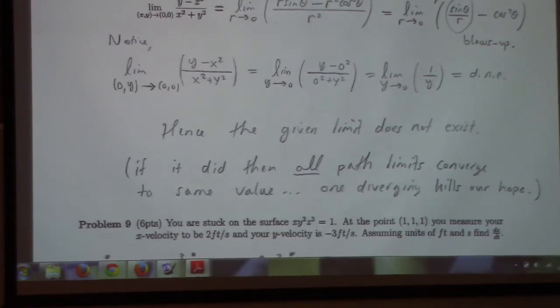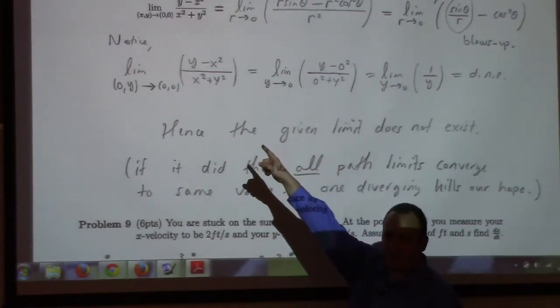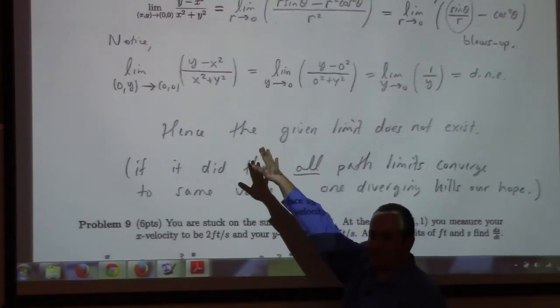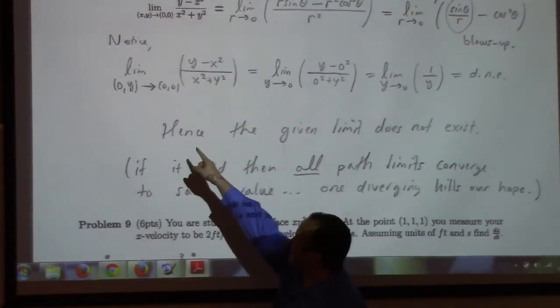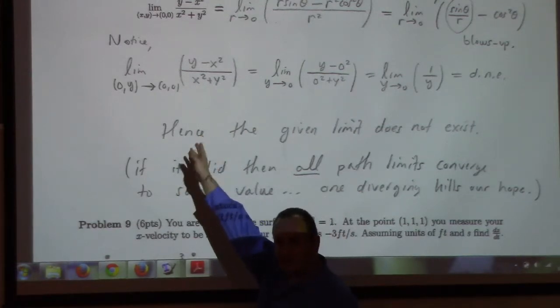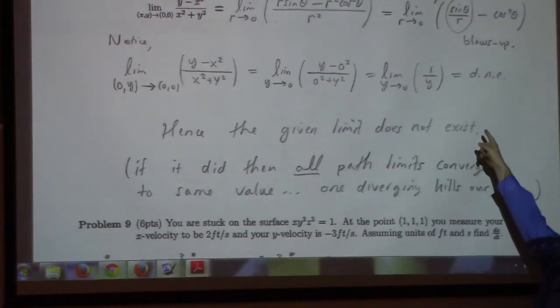Oh, so there's an example of the one path does not exist, makes everything die. I mean, this is the one path does not exist test. I have no good name for it, but the point is this multivariate limit, xy goes to 0, 0, is dead to us after we learned that this single limit, the limit along the x equals 0, the y-axis path, blows up to plus or minus infinity, depending if you look from the positive or the negative y-axis.